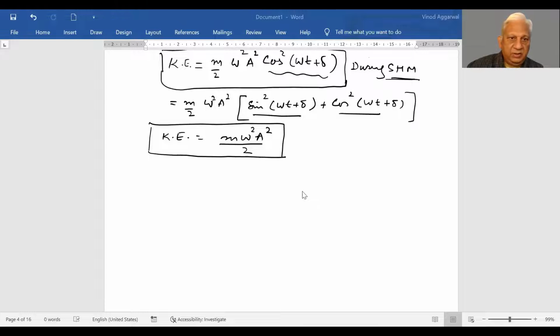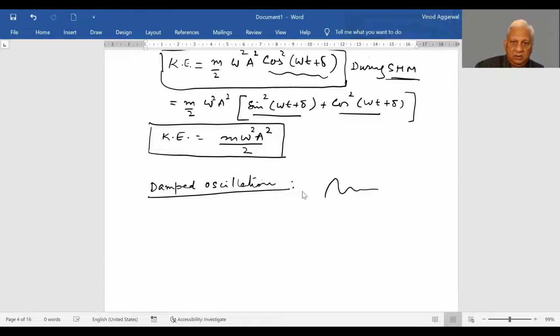Another topic we study is damped oscillation. You might have noticed when you are riding a bike or a car, and you are going on a bumpy road, your vehicle goes up and down, but doesn't keep on doing this. It goes up and it makes a few cycles, and then the vibration stops.